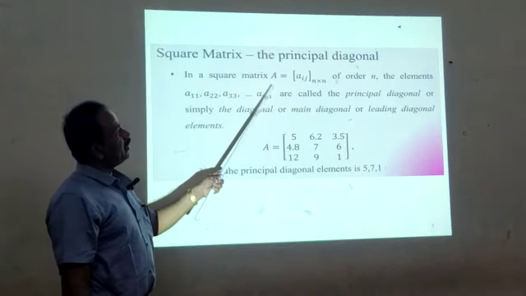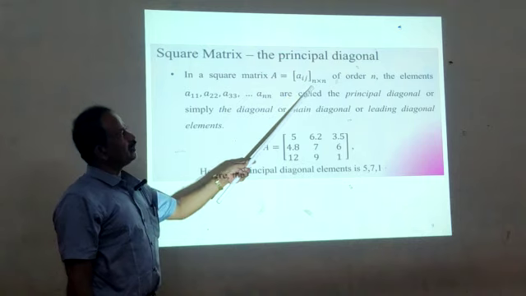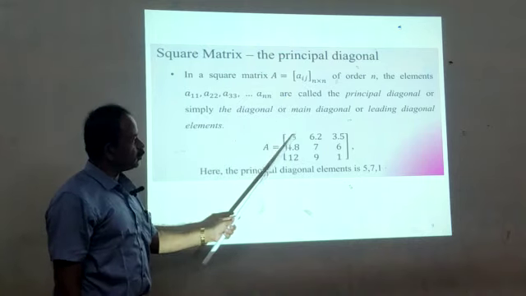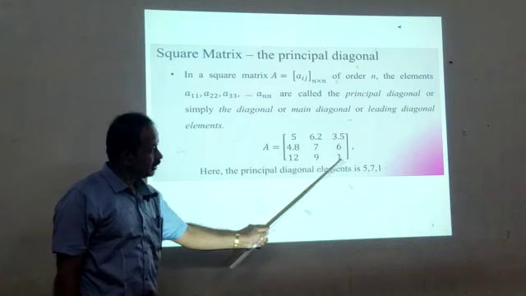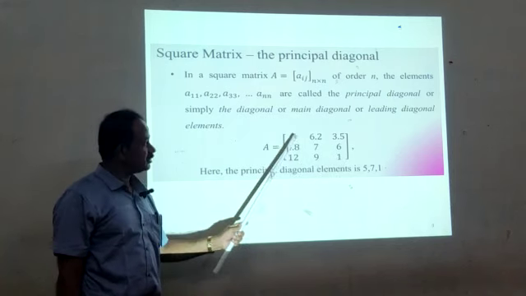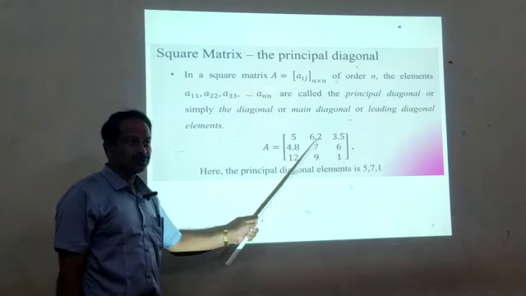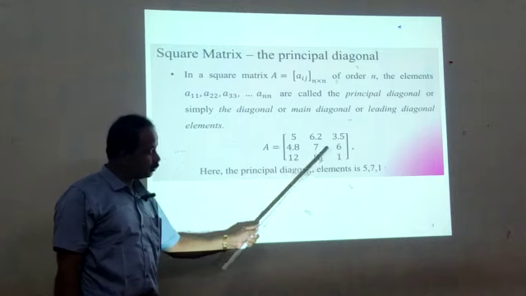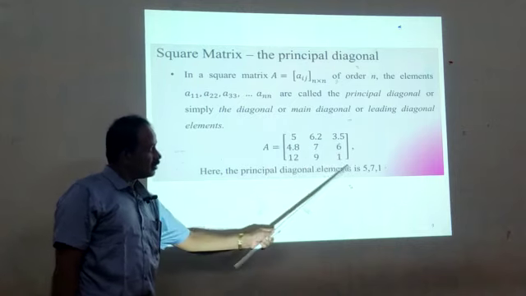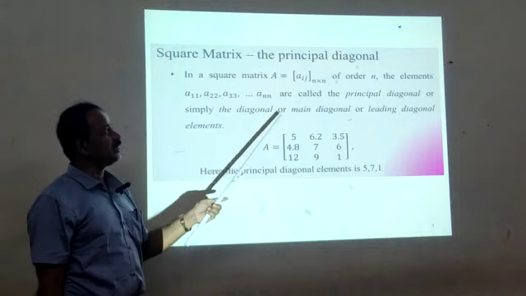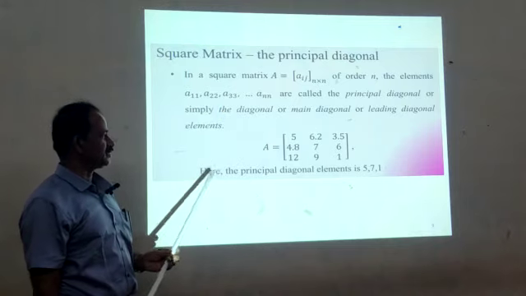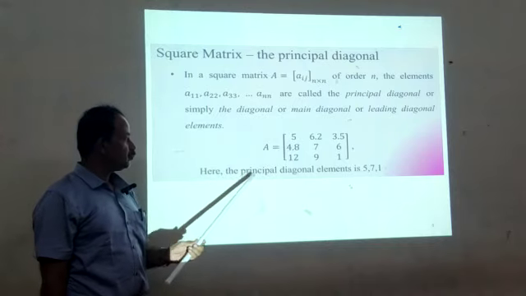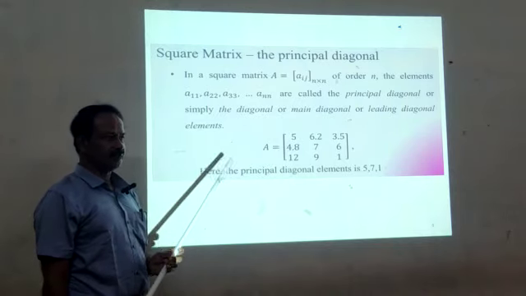In a square matrix A equals [aij] n by n of order n, the elements a11, a22, a33 are all called diagonal elements, main diagonal or leading diagonal elements. So in this example, 5 7 1 are principal diagonal elements.